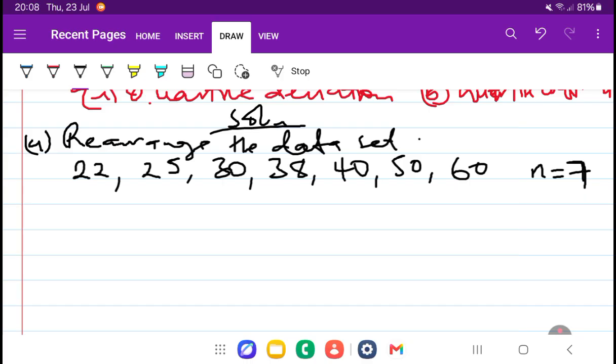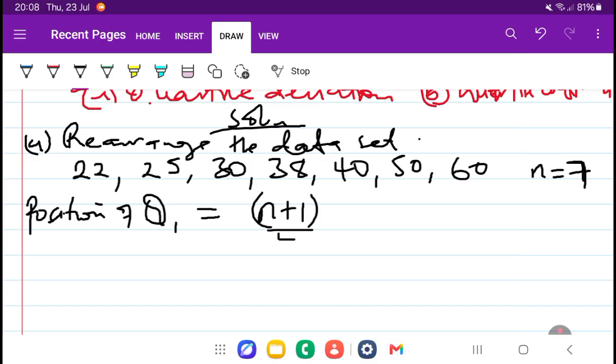There are 7. So the position of Q1 will be n plus 1 over 4th number, meaning it will be 7 plus 1 over 4. That gives you 8 over 4.